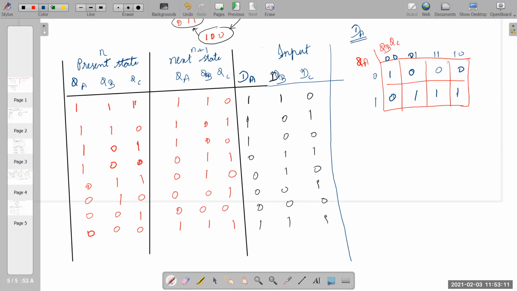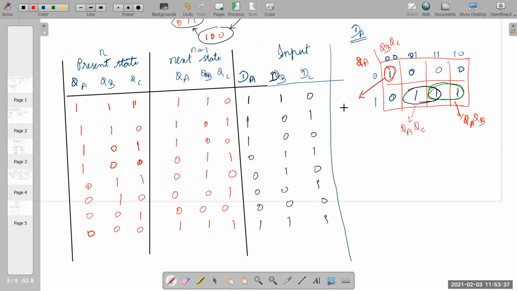Now we have to go for grouping in the K-map. We can group these two as well as we can group these two. This we have to group it separately. For this it is QA, up in the top it is QB. For this it is QA, the top it is QC.